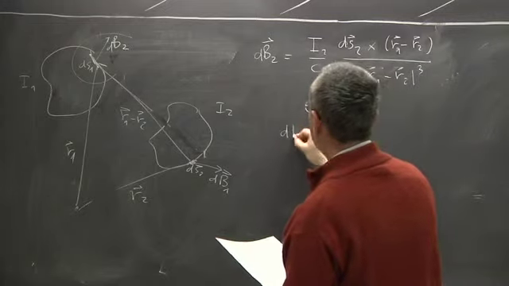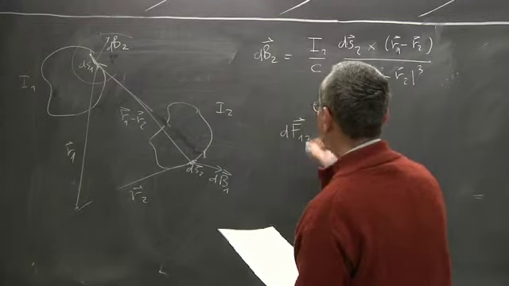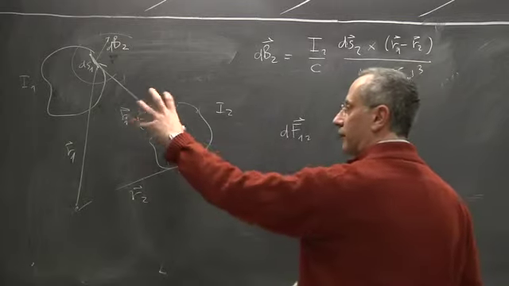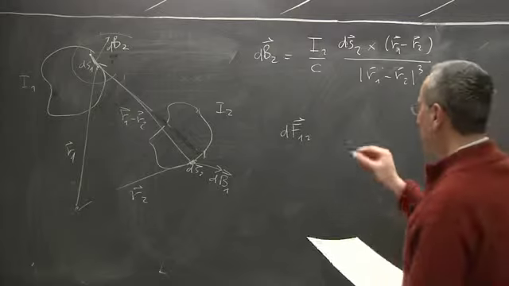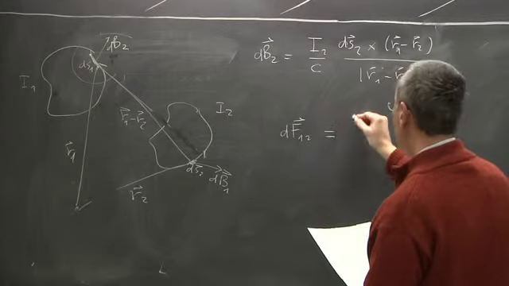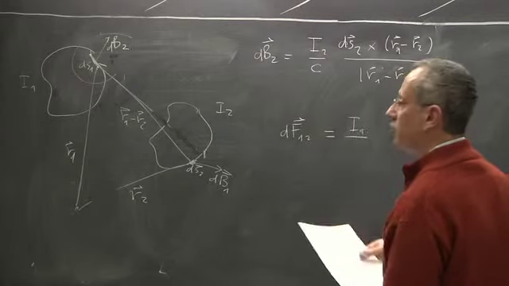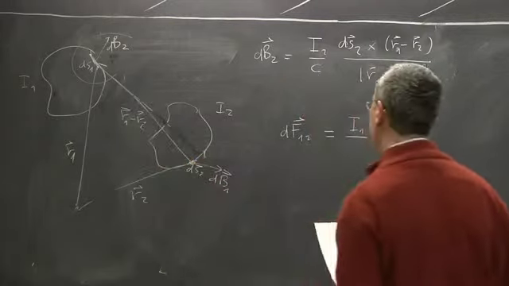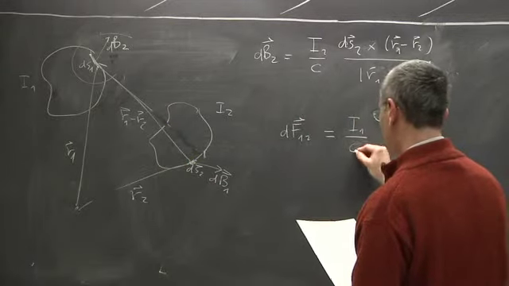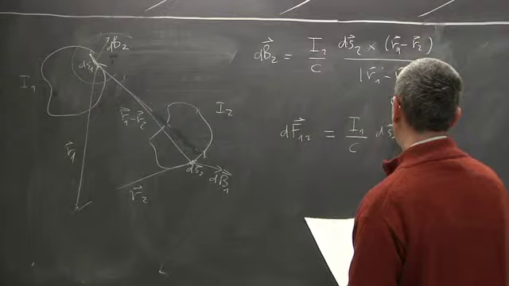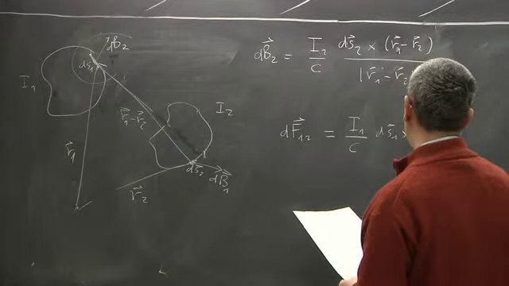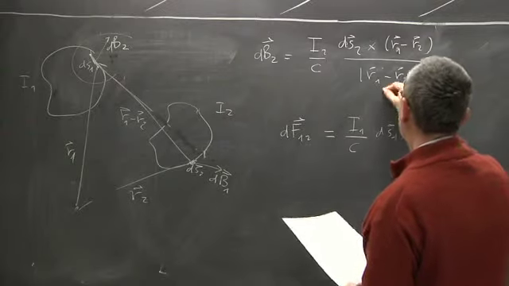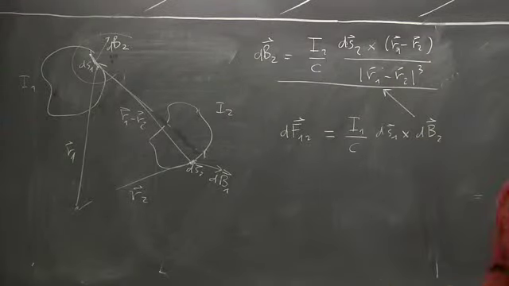And therefore the force that I call F12, that is the force between these two loops, it should be just I1 now, because it's the current running there, divided by C, and ds1 cross the field there, that is the one I just computed here, okay?